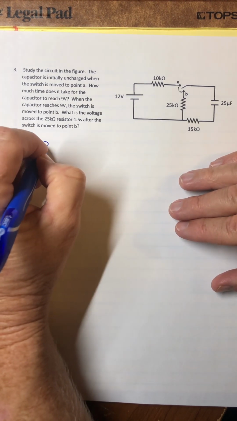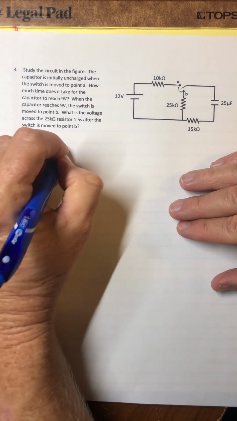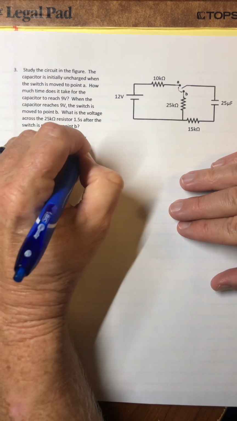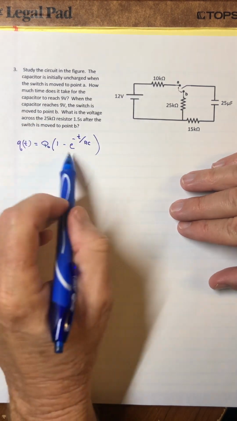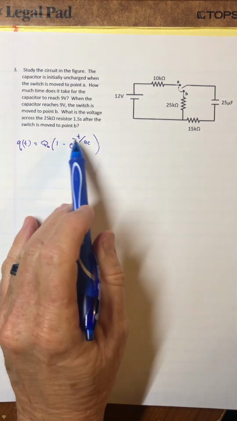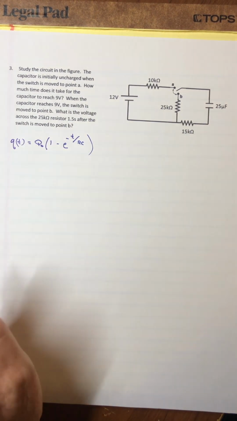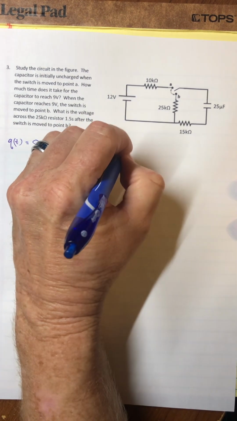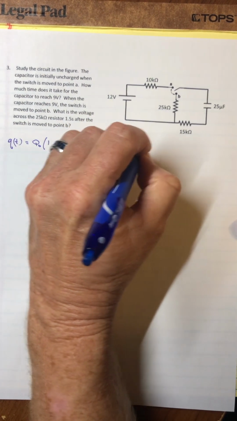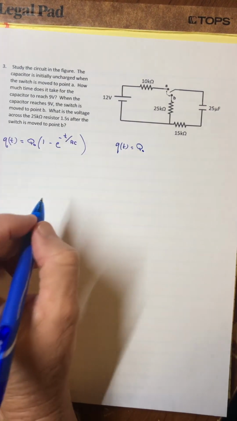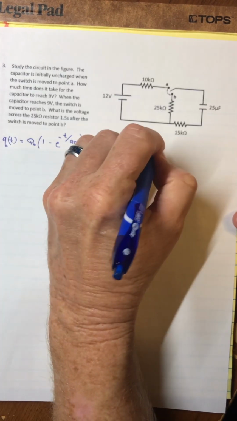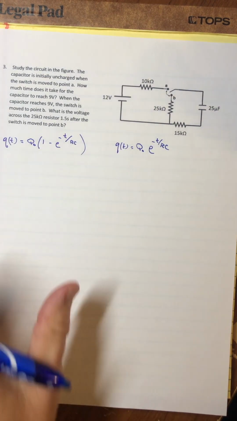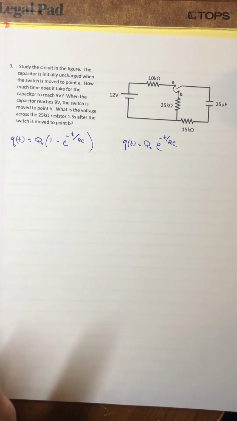There'll be a total charge it will get to, times 1 minus the exponential decay of the time and the RC time constant. So that's what happens when it's charging up. And then, of course, we also did when it's discharging, and we had almost the same equation, so we ended up with almost the same results.